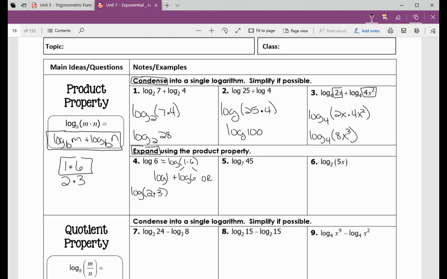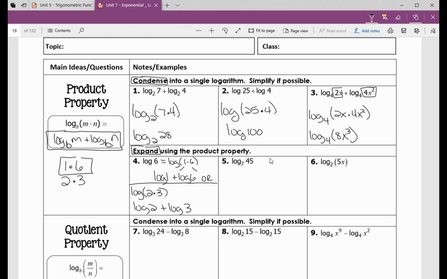I change 6 to 2 times 3. And then I can split that to log 2 plus log 3. So we have a couple of options. Do you have to do both? No. But more than likely, they'll indicate which combination they want you to use, whether it's the 1 and the 6 or the 2 and the 3.